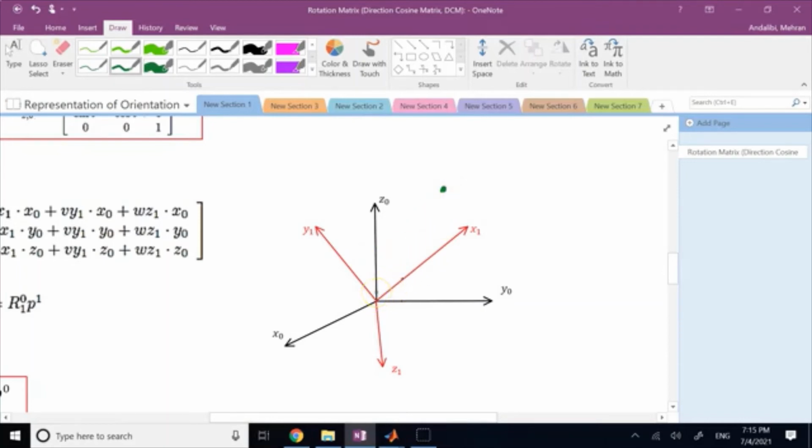And now I'm curious, if I project it onto the axes of frame 0, what would that be? So the coordinate of this P is simply going from origin to there, right? That's this vector. The vector is the same for both of the frames in terms of where it is in space, but the way they describe it in terms of their unit vectors is different, right? Because they are oriented differently.